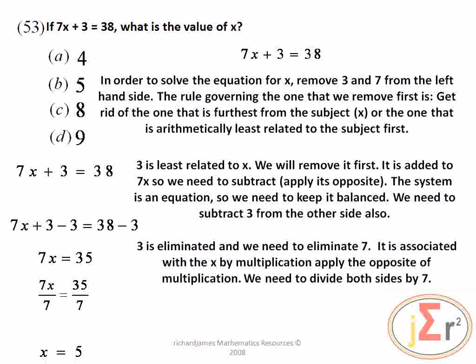Dividing both sides by 7 has caused the 7 to be eliminated from the left hand side, and the right hand side is 35 divided by 7, which is equal to 5. The correct option is B.